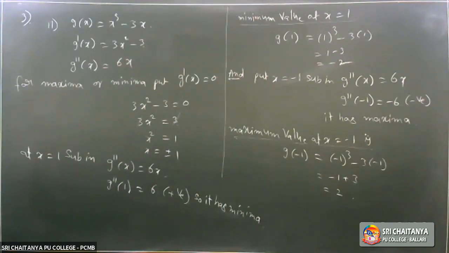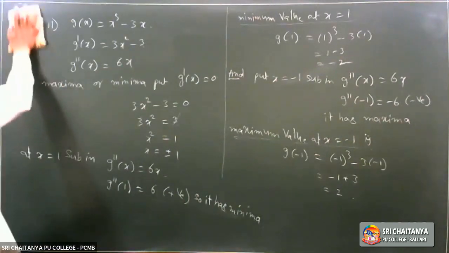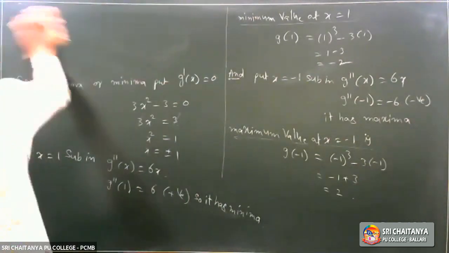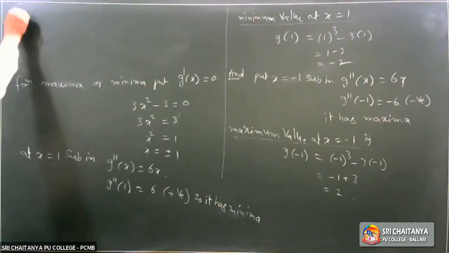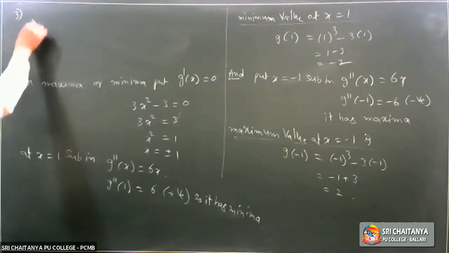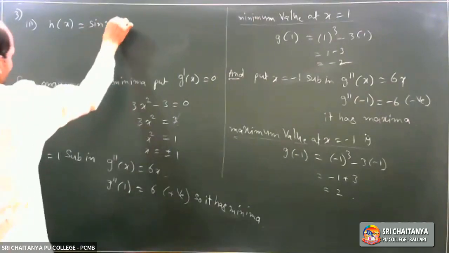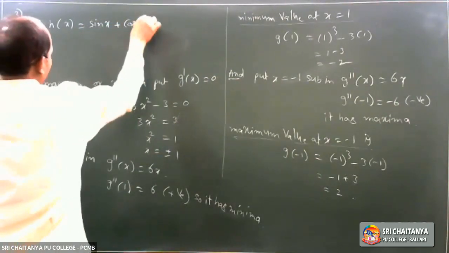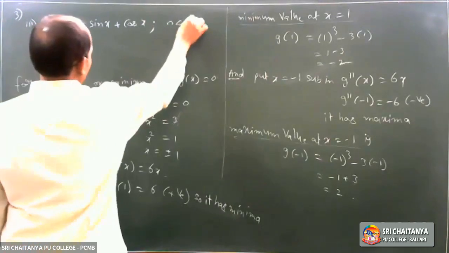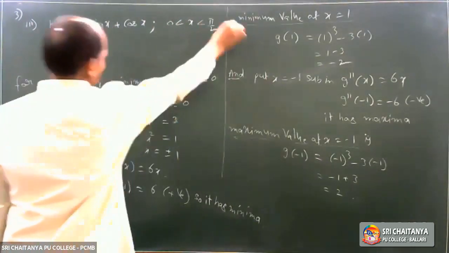Write the next question. h of x is equal to sin x plus cos x, 0 less than x less than pi by 2.